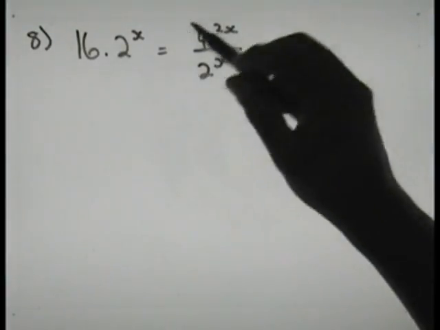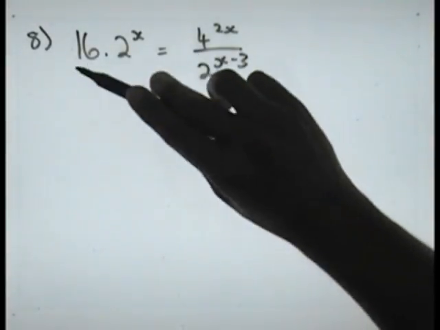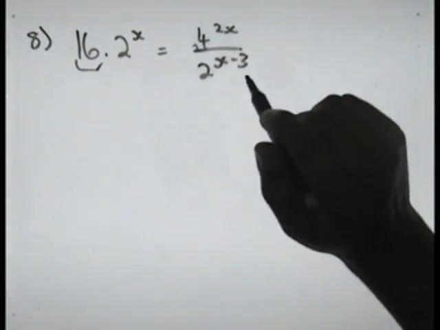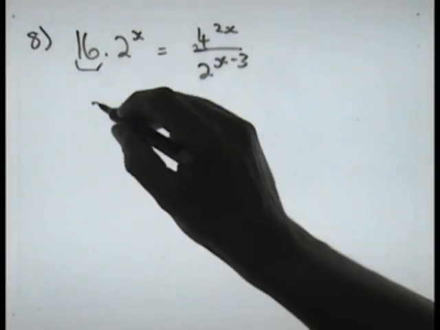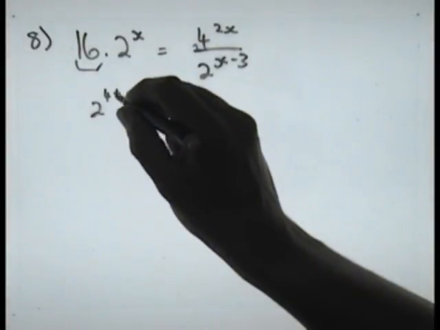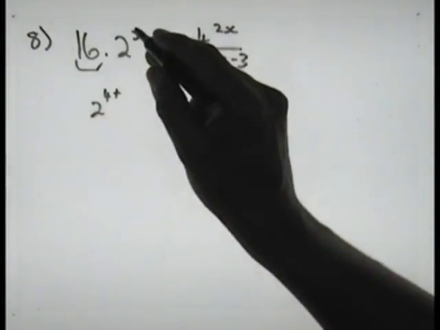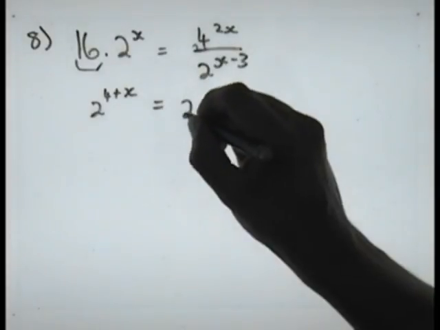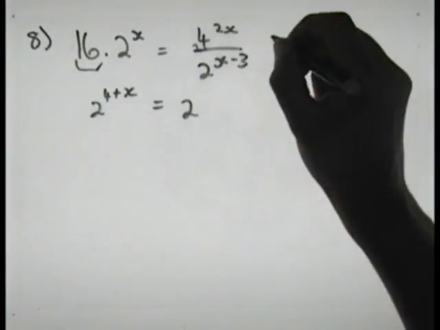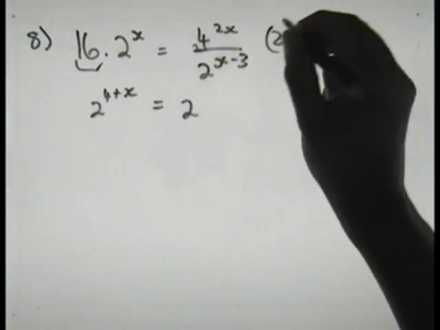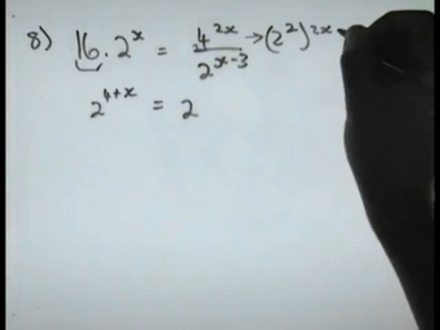What I'm going to do with this one here is turn that 16 and that 4 into prime numbers. So this is going to become 2 to the power 4 times 2 to the power x, which is the same as 2 to the power 4 plus x, is equal to 2 to the power 2, all to the power 2x, right? That's what that's equal to.